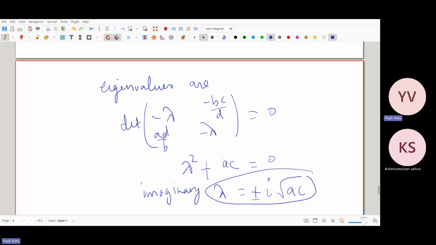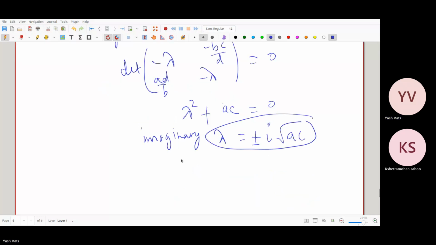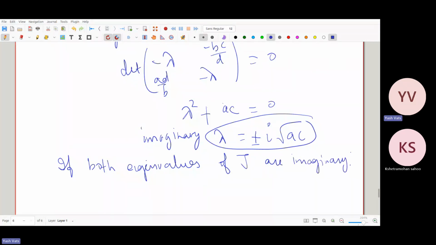So if both the eigenvalues are imaginary, then the fixed point is a center. Just remember this.